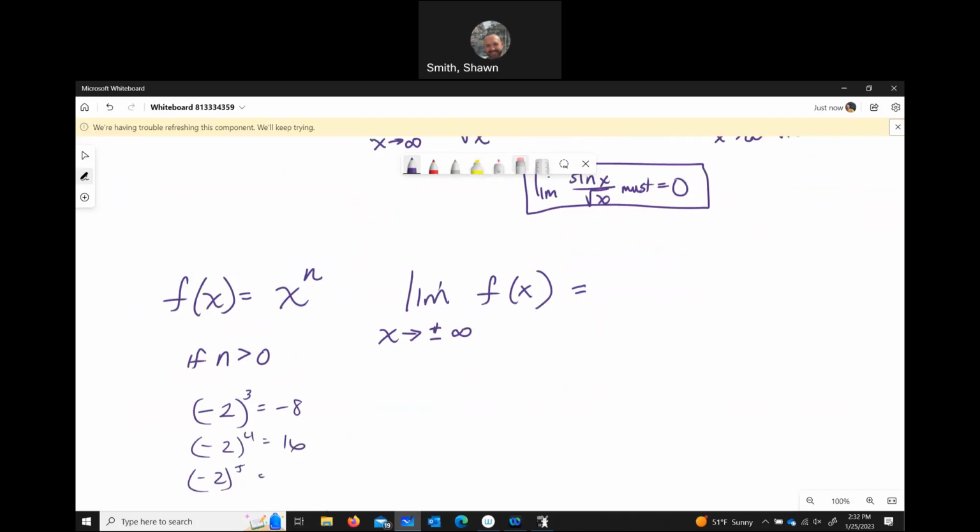Let me erase this part and simplify it further. If I go to positive infinity, and n is positive, this is always infinity. Makes sense.